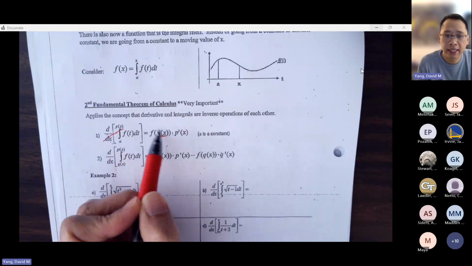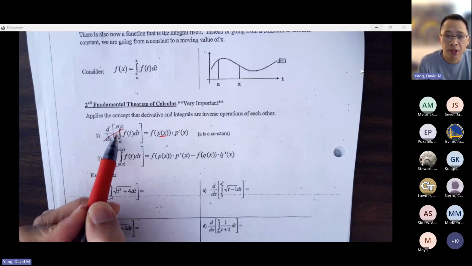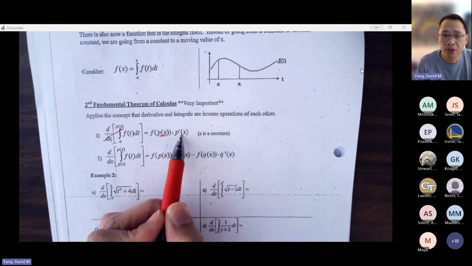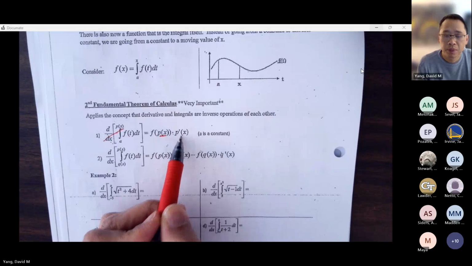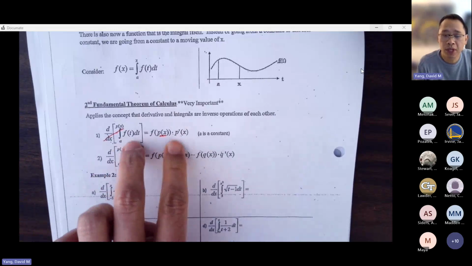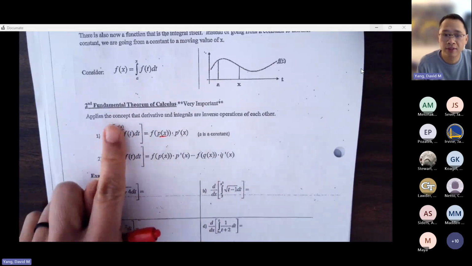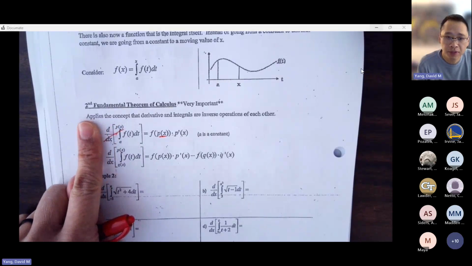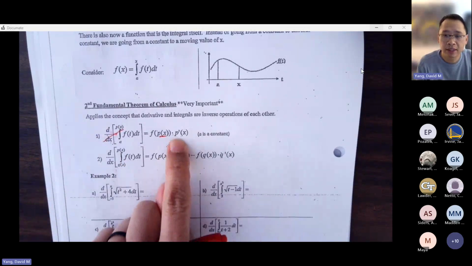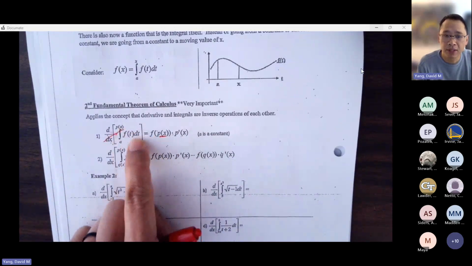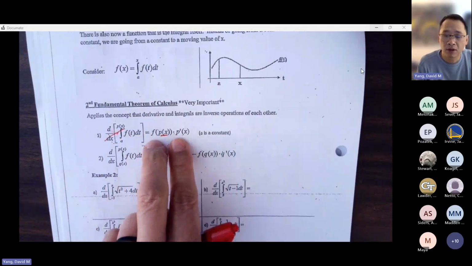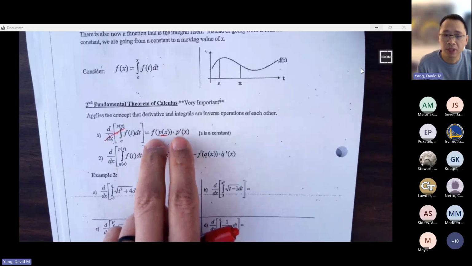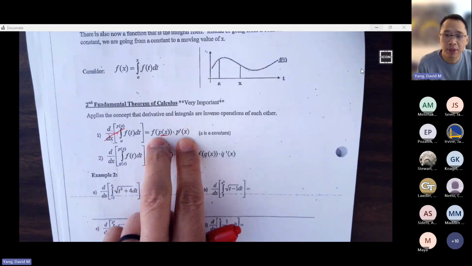And then the impact of the derivative is that the upper bound is going to turn into its derivative. The reason this is a shortcut is because rather than doing the full antiderivative, then plugging in the upper and lower bound, and then turning around to find the derivative, we can just skip to the end and know that the function is not going to change much. It's f of p of x times p prime.